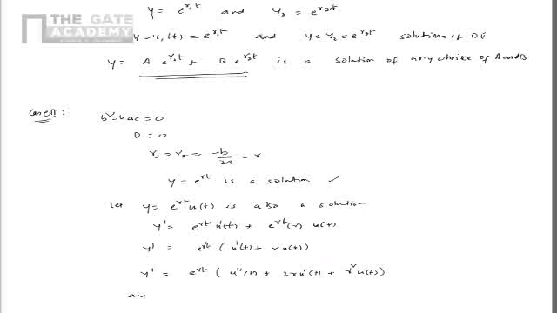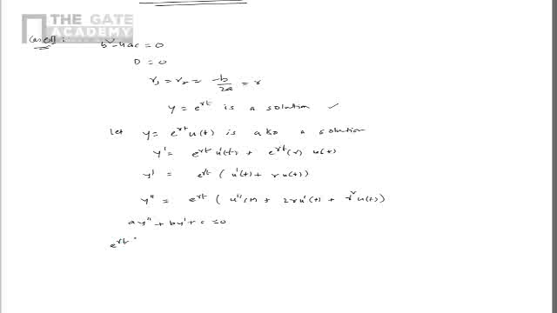Now substituting all that in the given differential equation, I'll be getting something like this. E power rt is common, and we know that this part is 0.